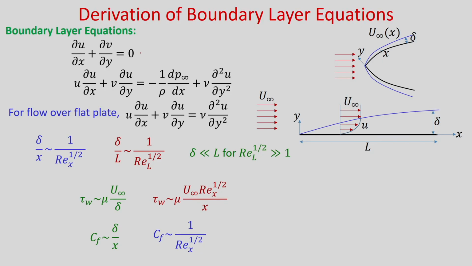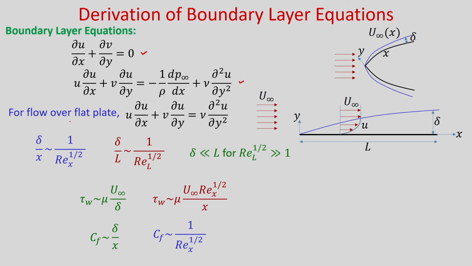So, finally, we have shown that the pressure gradient term in the normal direction is 0, and we have the boundary layer equations in general for any curved surface as this is the continuity equation del u by del x plus del v by del y is equal to 0, and this is the boundary layer momentum equation u del u by del x plus v del u by del y is equal to minus 1 by rho dp infinity by dx plus nu del 2 u by del y square, and the normal pressure gradient is 0.